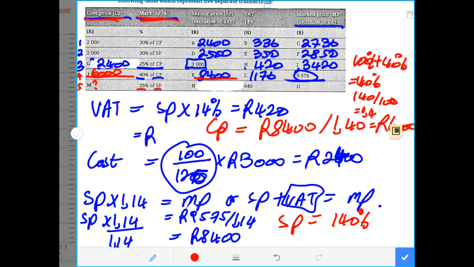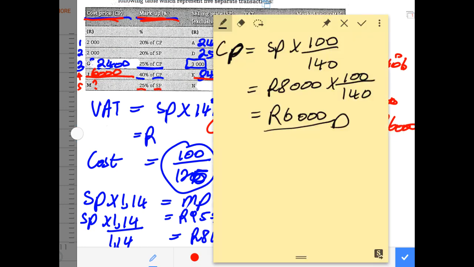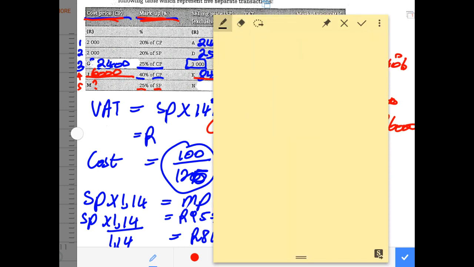Remember, the minute the markup percentage is of the selling price, then we know that cost price is equal to 100 minus the markup percentage, which is 25%. Therefore, now cost price will be 75%. This is 100%. This is 25%.